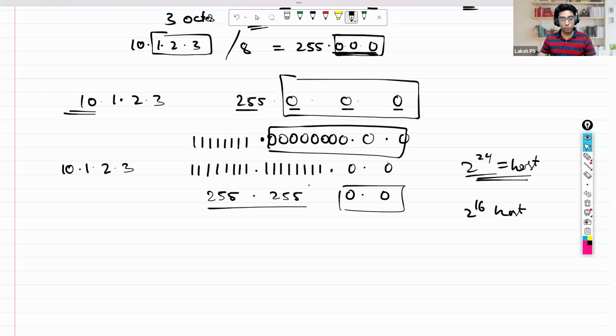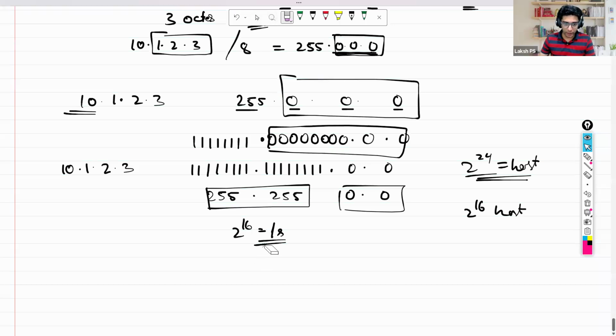But in these ones, not everything is a network part, because of the following, so please listen carefully: the borrowed or converted zeros are called the subnet bits.